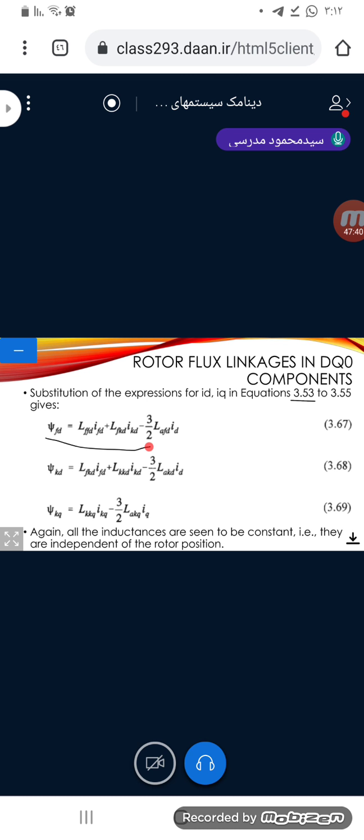That's simplified, so it's good for us. That psi KD is similar to psi FD and psi KQ is similar to another equation. Again, all the inductances are seen to be constant, i.e., they are independent of the rotor position.